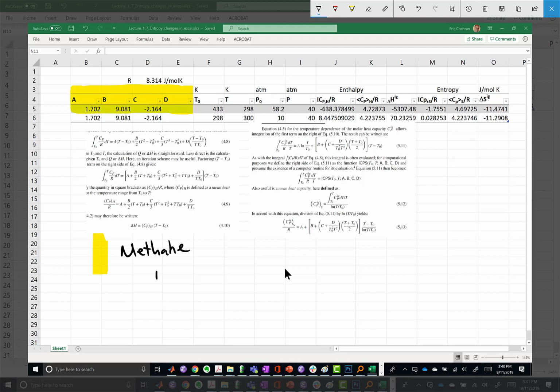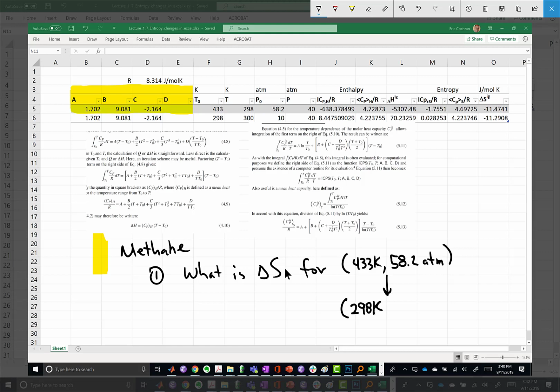And there's going to be 2 cases. One is going to be pretty simple plug and chug. We want to know what is delta S for a state change starting at 433 Kelvin and 58.2 atmospheres, and we're going to be going colder and more compressed.